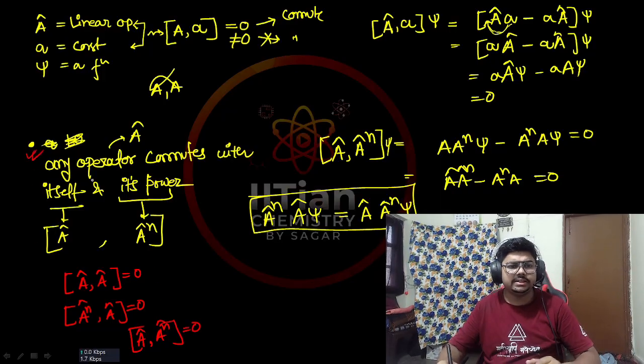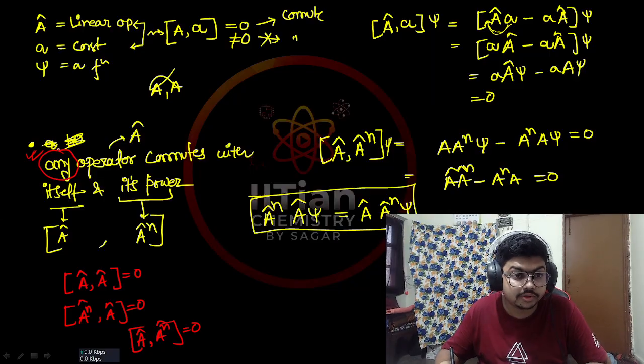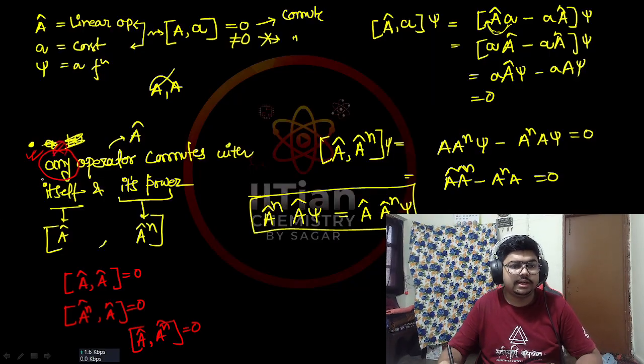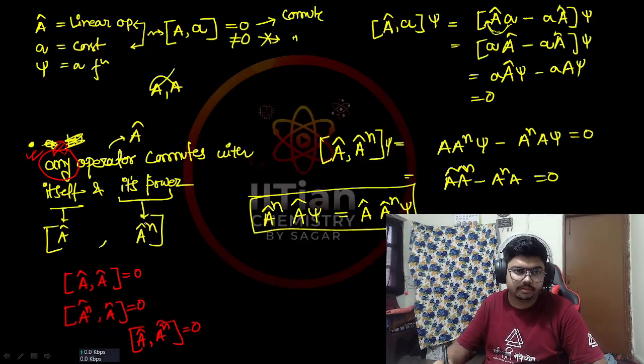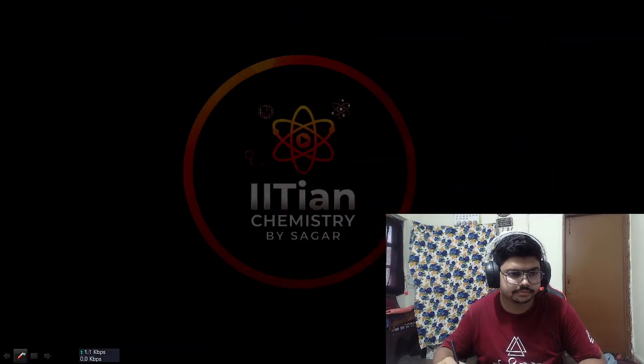This is our second property. It is applicable for any operator. So if any multiple choice question comes that only a linear operator commutes with itself and its power, then no, it is any operator.